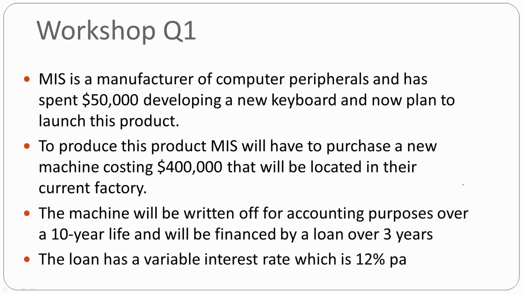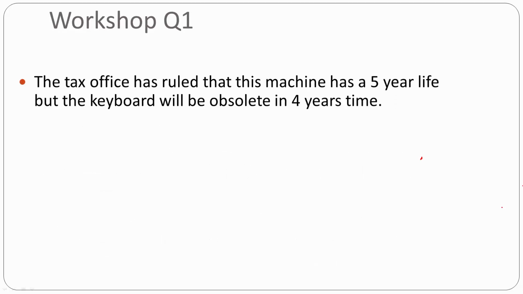The reason the first one is irrelevant is what matters for calculating the tax effect is not the accounting depreciation under accounting rules, but depreciation under tax rules. So under tax rules, this machine is depreciated over 5 years. Okay, so we're going to calculate depreciation according to the depreciation the tax office allows us to put on the tax return.